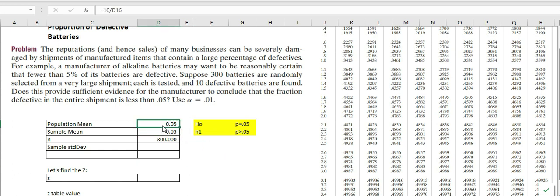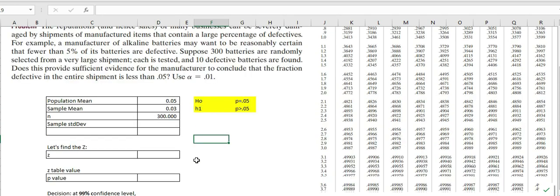So here P is equal to 0.05, and the alternative is lesser than 0.05. The sample standard deviation is not needed here. We just need the population proportion, they claim 5%, and the sample size of 300.